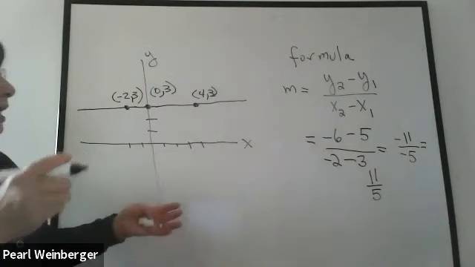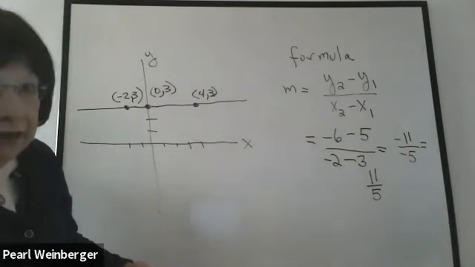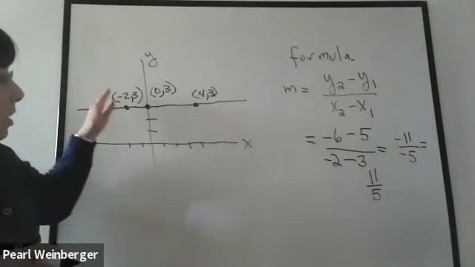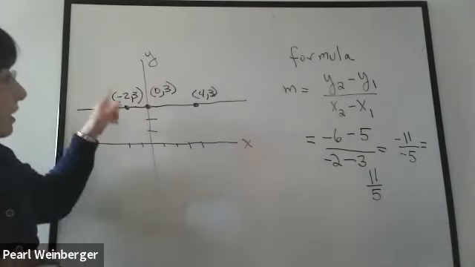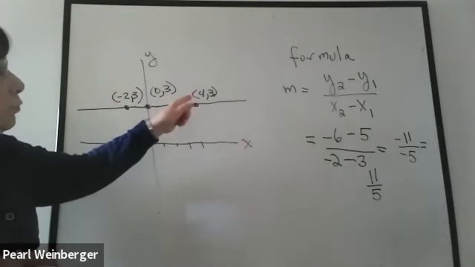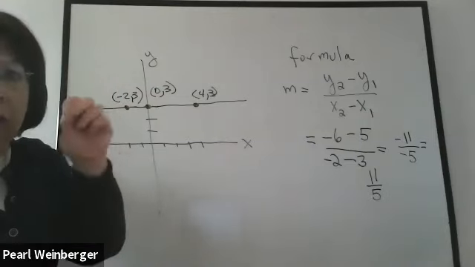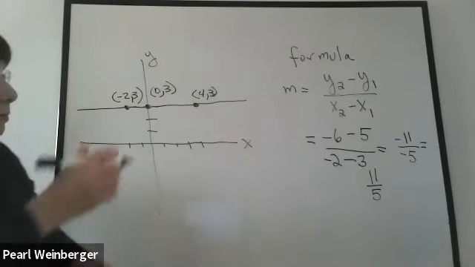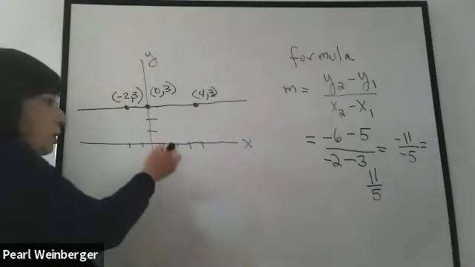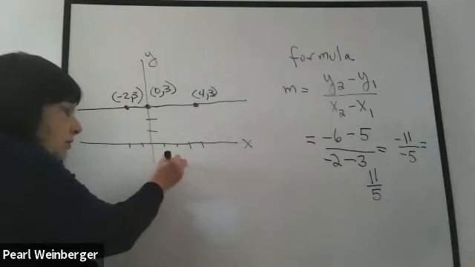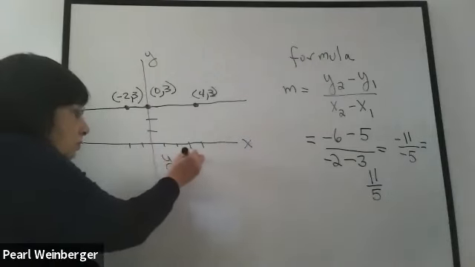If you notice anything about this line, the x values are all different. This is negative 2, this is 0, this is 4. But the y values are all the same. As a matter of fact, that's what the equation of this line is: y equals 3.